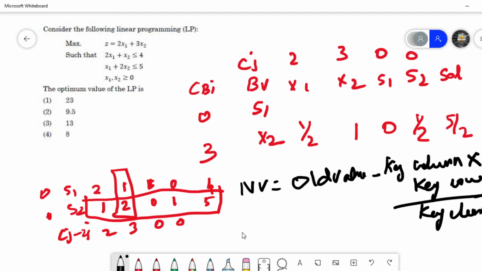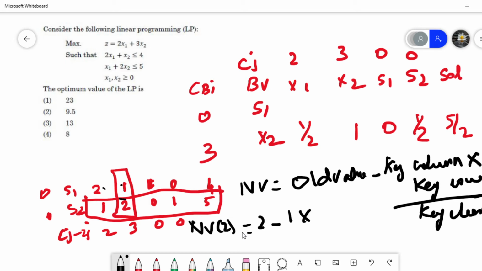Okay. So which one is the first element here? 2. So new value for 2 is, what is the old value? 2. 2 minus, the corresponding key column value is 1, because 1 is adjacent to 2.